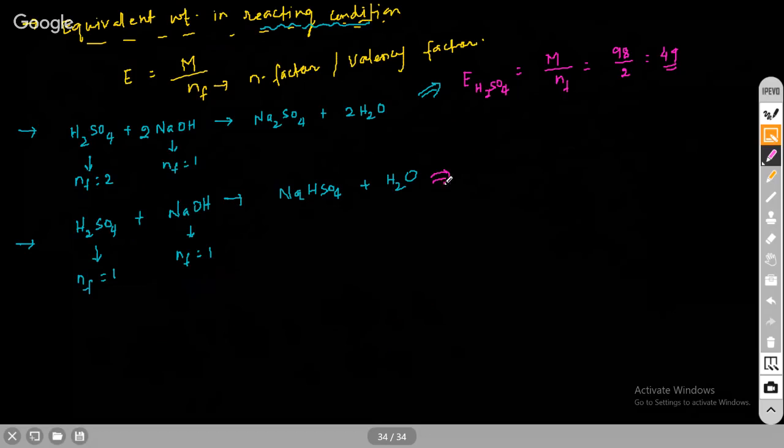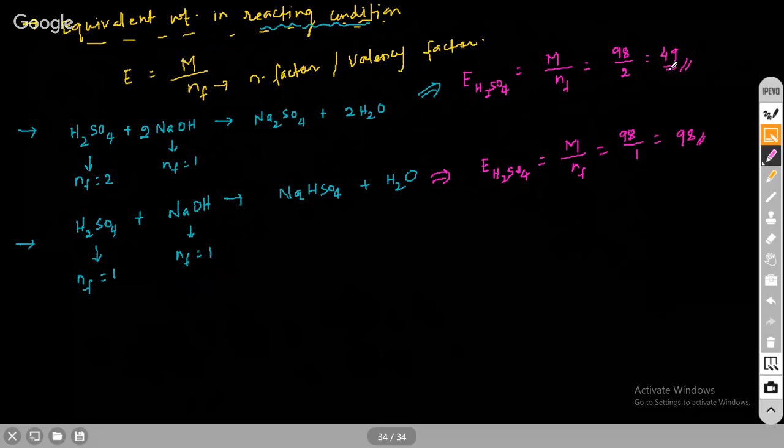Here, the equivalent mass of H2SO4 will be its molecular mass divided by its n factor. Molecular mass is 98, n factor is 1, so it is 98.